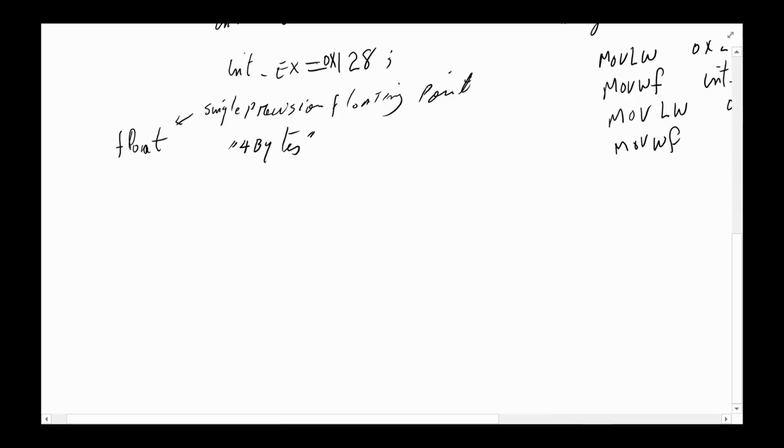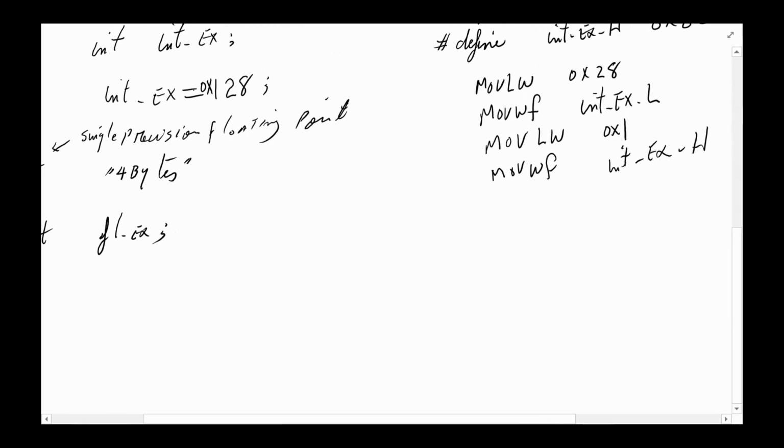And if you don't remember that, you might want to go look at the video which shows you how you take a real number and convert it to a float. So it's going to be 4 bytes. So if I do a float, for example, float FL example, and declare that, in assembly language I have to do define, and I have to have 4 locations because that's what's going to generate.